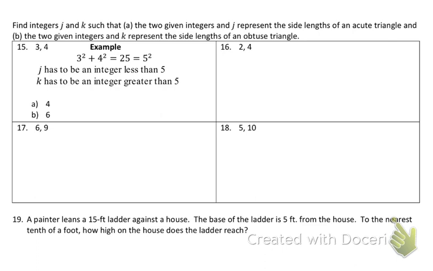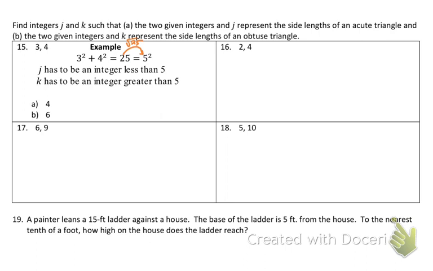So that would be 3 squared plus 4 squared equals 25. Now 25 is not your hypotenuse length. Your hypotenuse length would be 5, because that's the square root of 25. When you take that square root, you find your missing side.